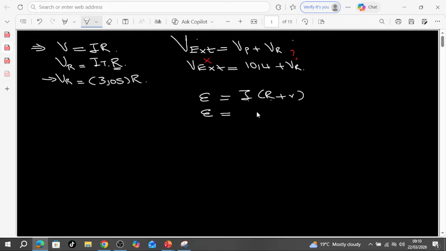I times R gives us IR plus I times small r. So E is equal to this, your V external, plus this, your V internal.